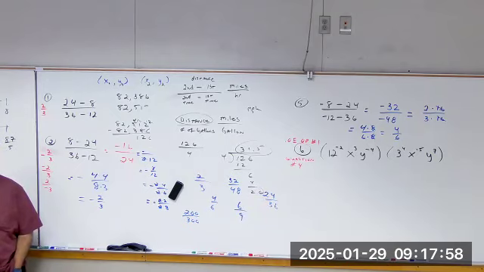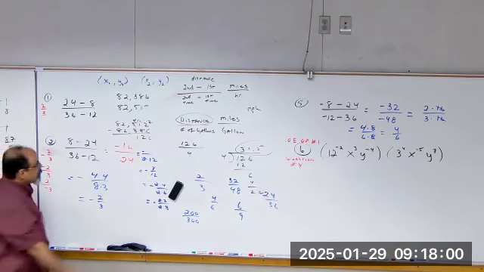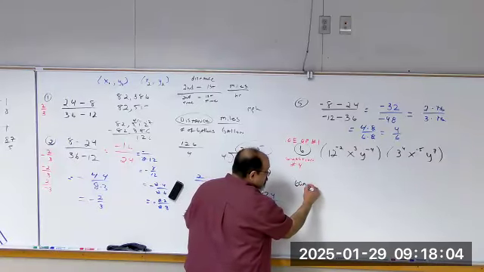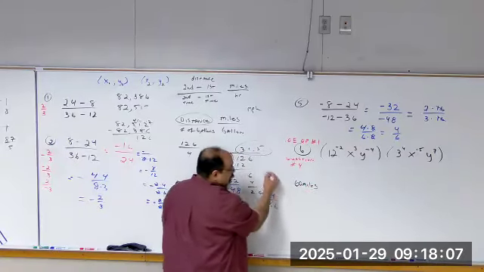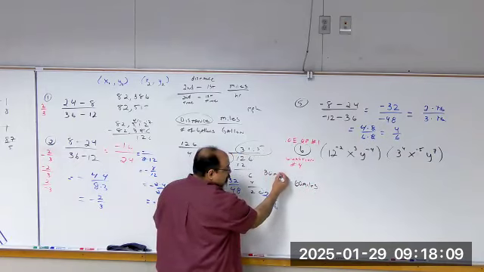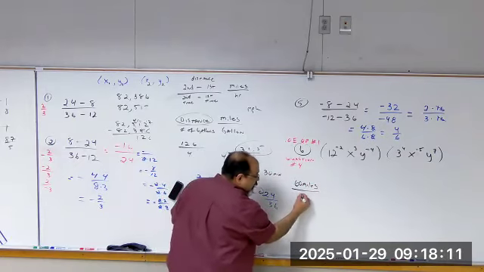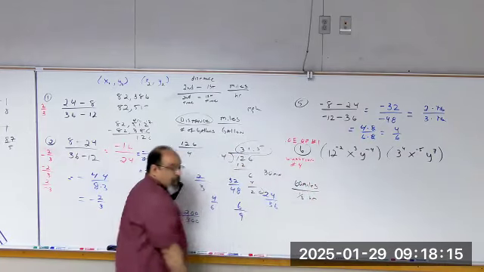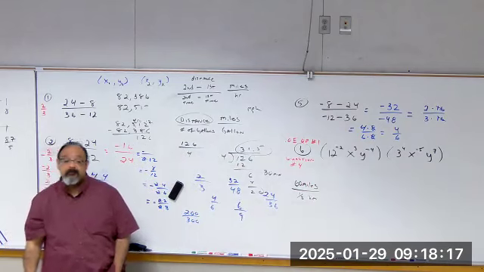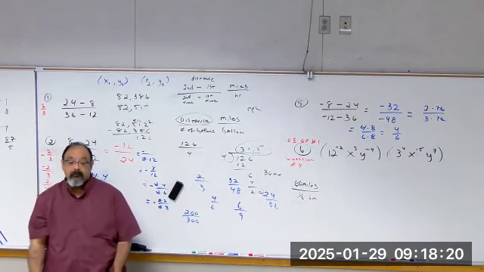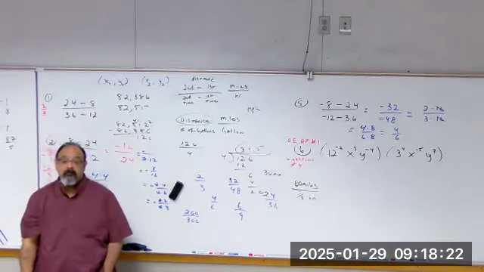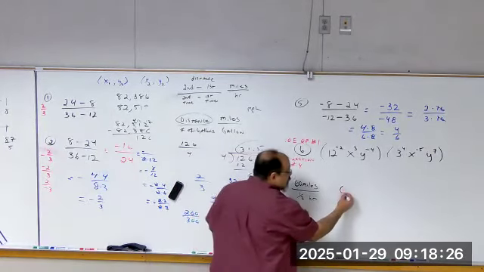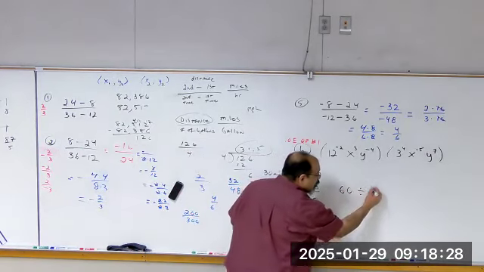If she went 60 miles in 30 minutes, 30 minutes is a half an hour. How many times does one half go into 60? What is 60 divided by 1/2?